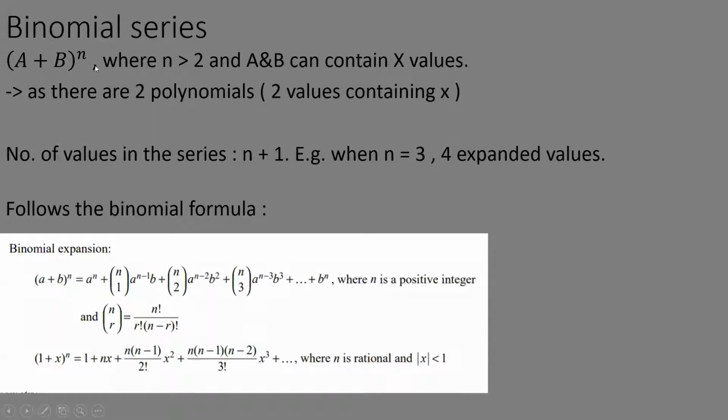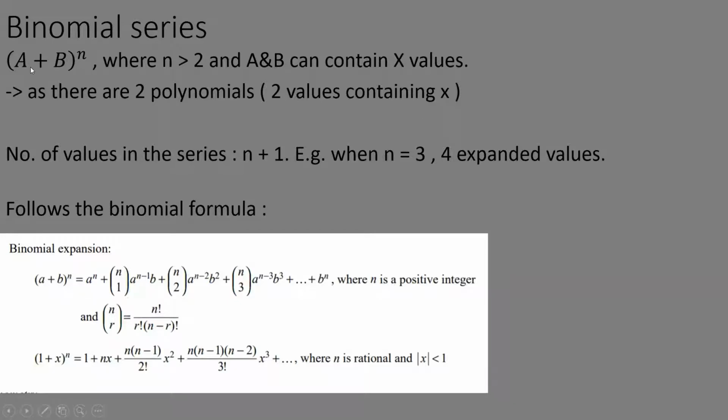For binomial series, it's pretty obvious because it will be (a plus b), where a and b are two polynomials, or they contain x values, or they may not contain x values too, and where n is usually more than 2. Just for quick understanding, consider the number of values in a series, that is, when you expand this out, how many individual values you will get.